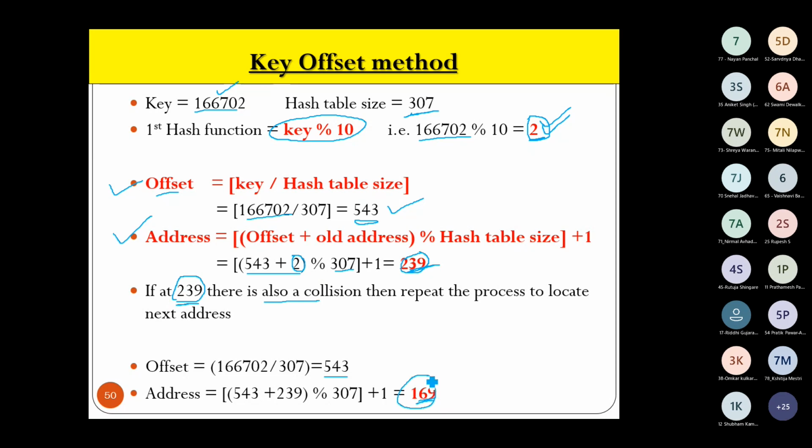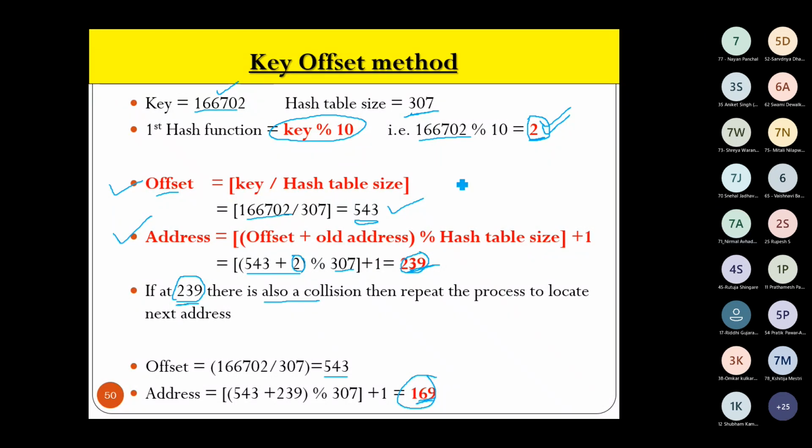Go ahead till you find a free slot for putting the current record, and if till the end you are not able to get a free slot, then we can say there is an overflow. Right? Is it clear? Yes, ma'am. Okay.